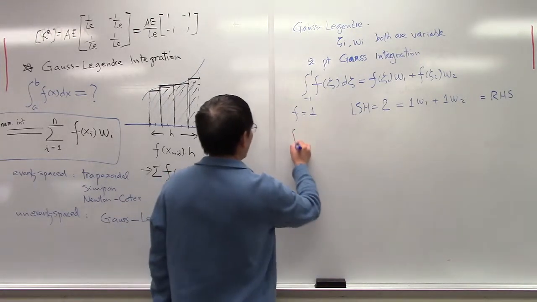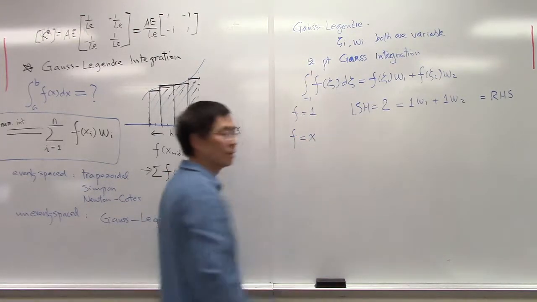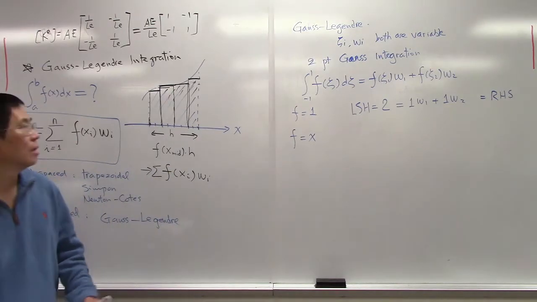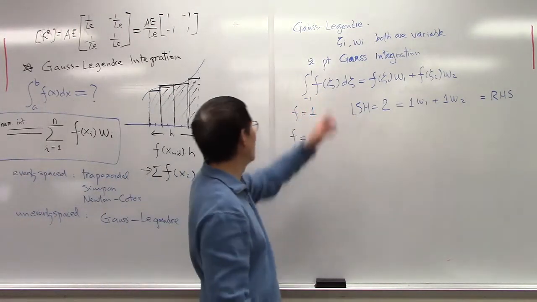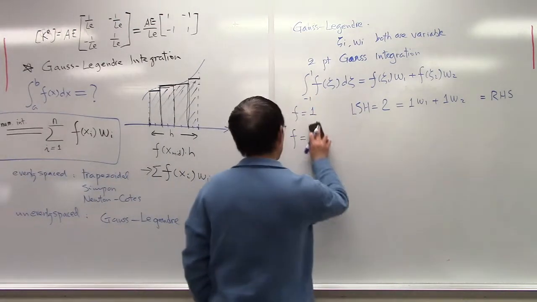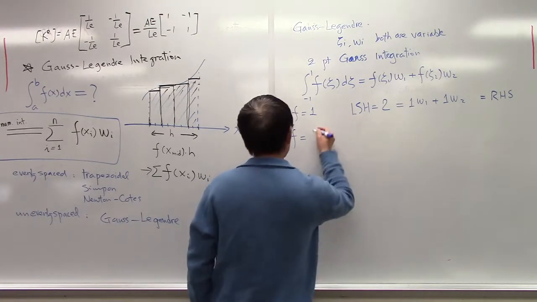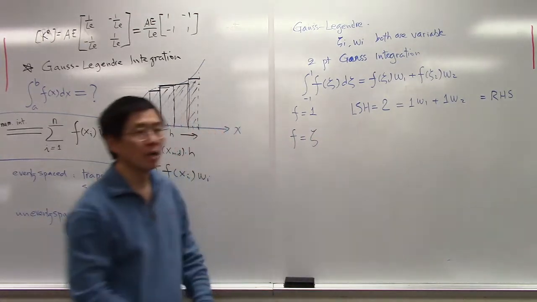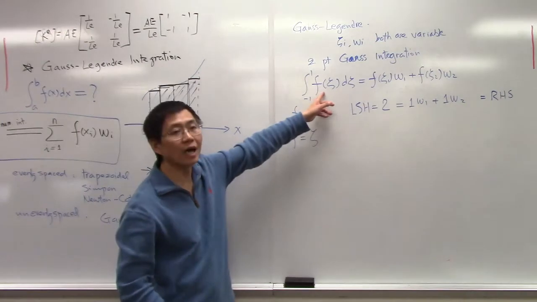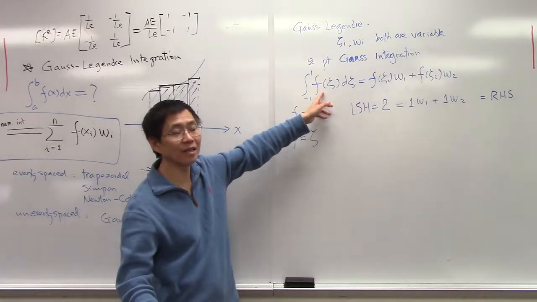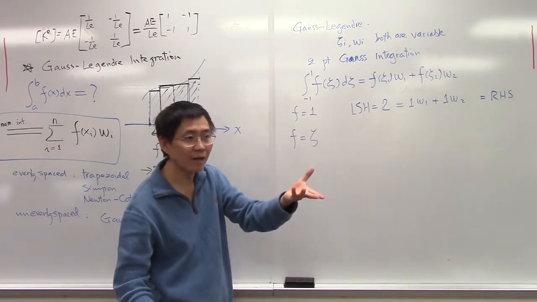Next, I will let f equal to x, which is a linear function. And I put in here, oh, not x, theta, because I'm using natural coordinate. So this is theta. Integration of theta is very easy. It's half theta square, right?